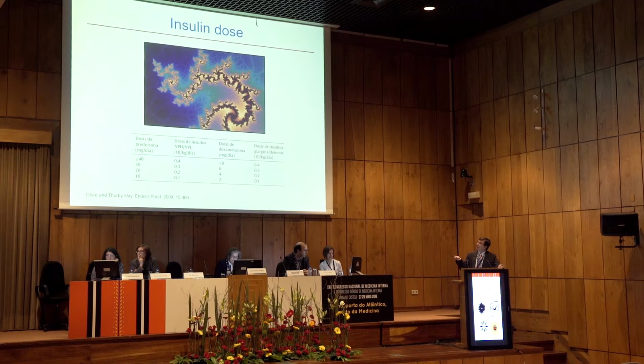So for prednisone 40 or more milligrams per day, we should divide the dose by 100 and multiply by the weight of the patient. For long-acting glucocorticoids like dexamethasone, the dose should be divided by 20 and multiplied by the kilograms of the patient.